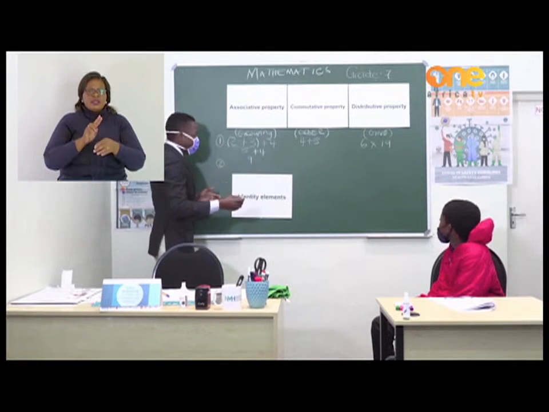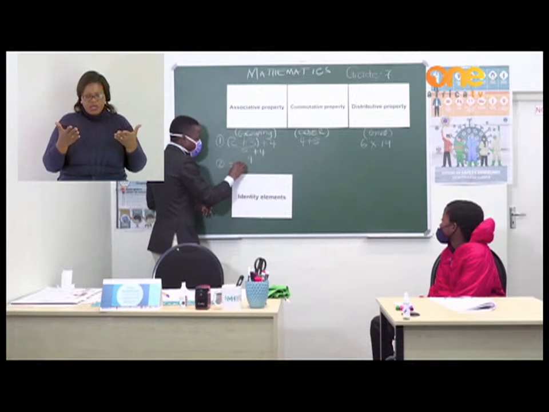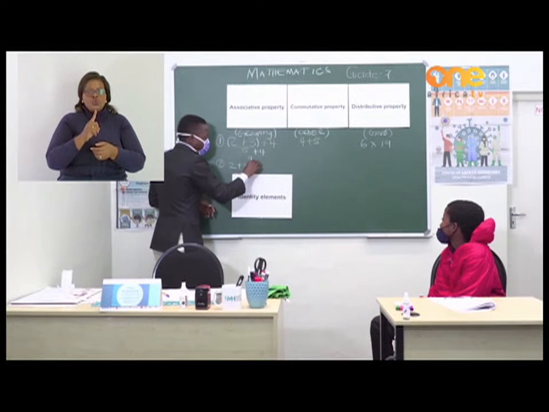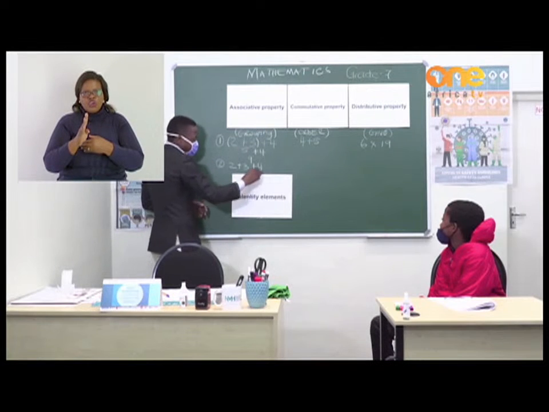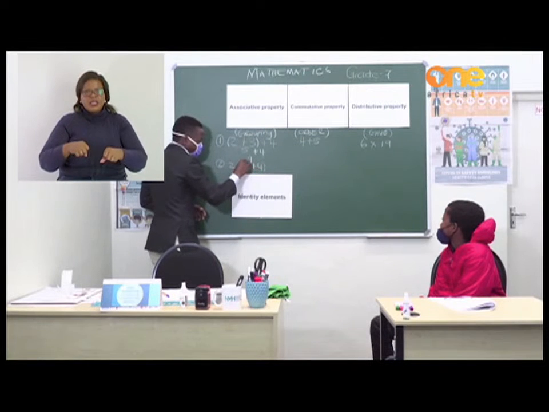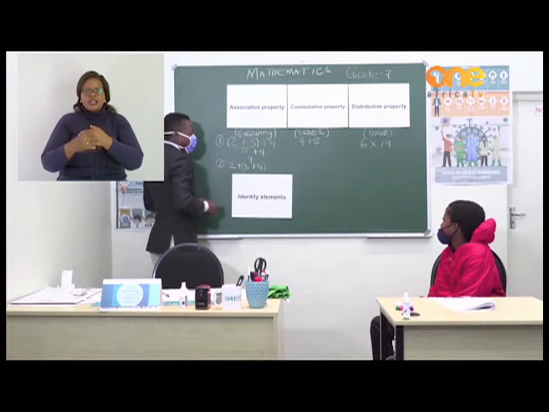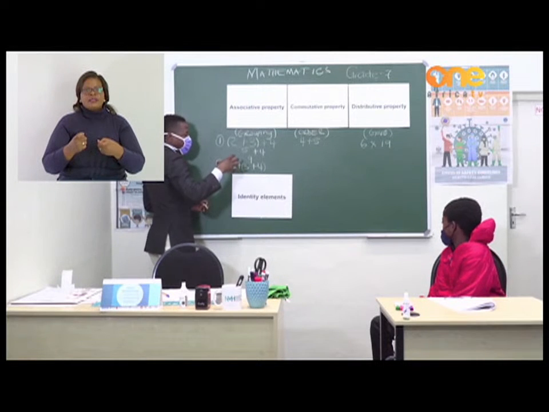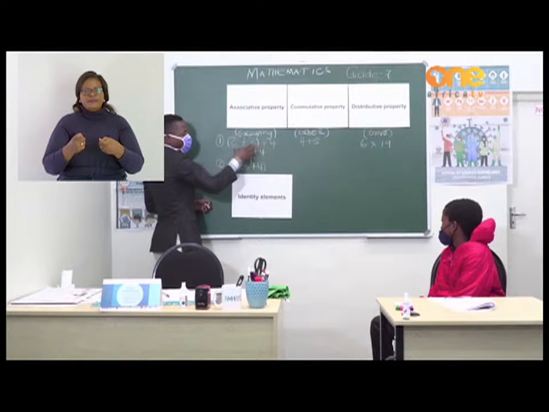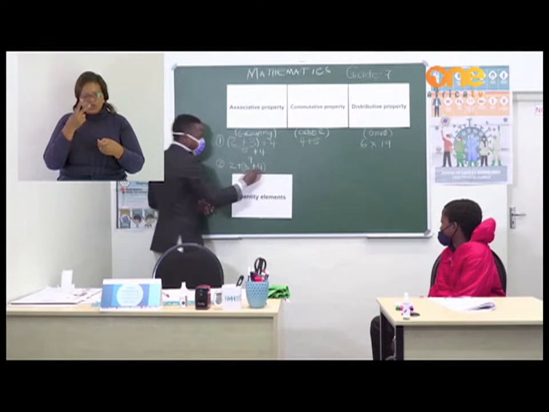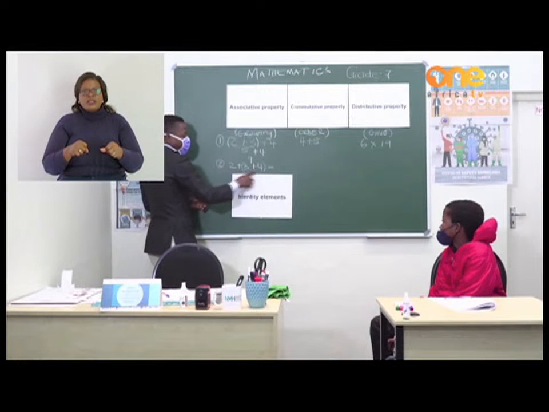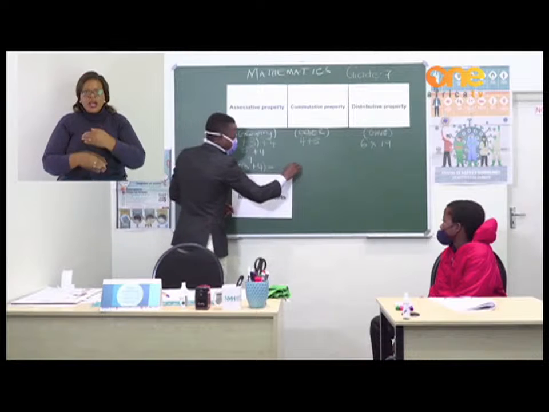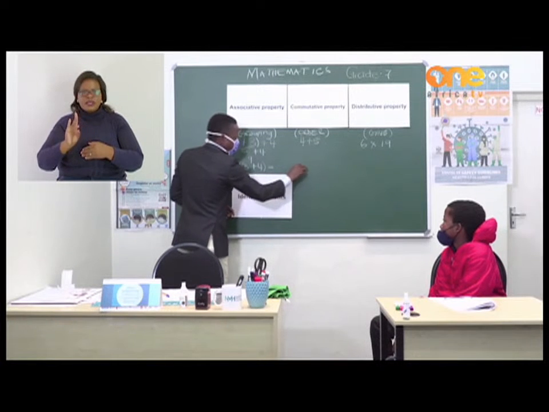I can decide and say, I have 2 added to 3 and 4. I can decide to start here. Meaning, there are 2 groups where you can start. You can decide to start there, and then I have to work out the answer here, which is going to be 7.